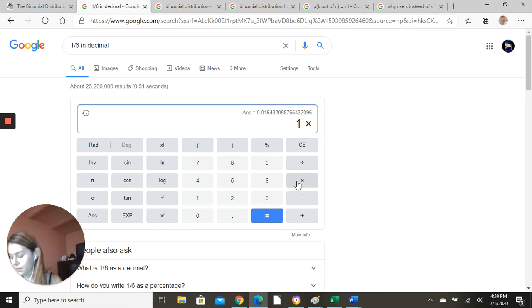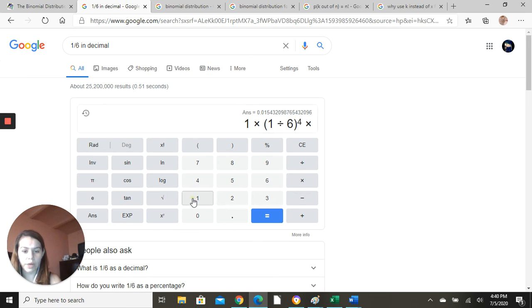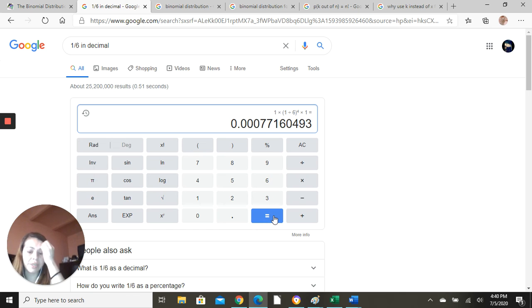1 times 1 divided by 6 to the 4th power times 1. We get a total of 0.007, but we're going to round up the 7 since it's closer to 8.